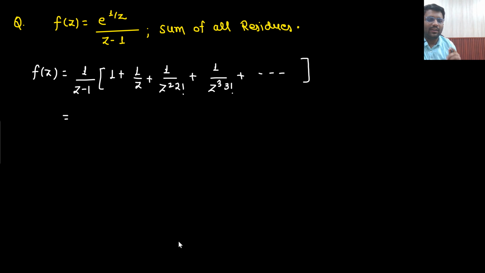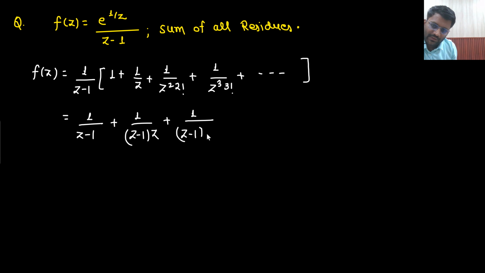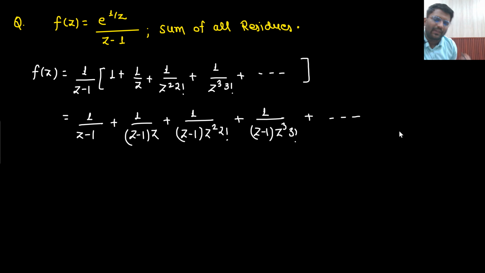That means z equals to 1 will be your singularity. If I expand this, what I can see: 1 upon z minus 1, plus 1 upon z minus 1 into z, plus 1 upon z minus 1 into z square 2 factorial, plus 1 upon z minus 1 into z cube 3 factorial and so on.